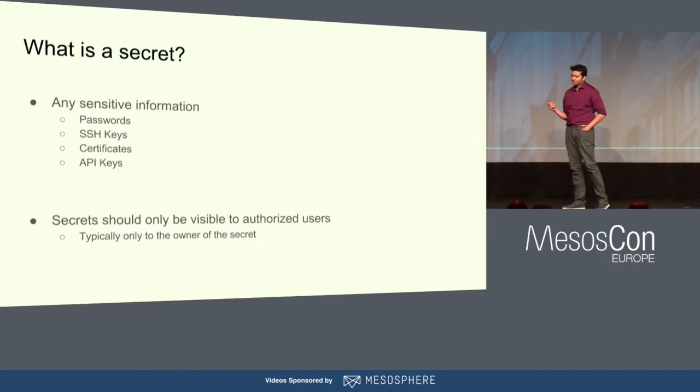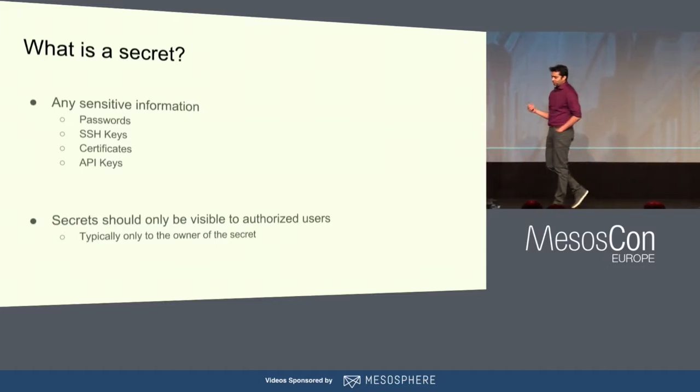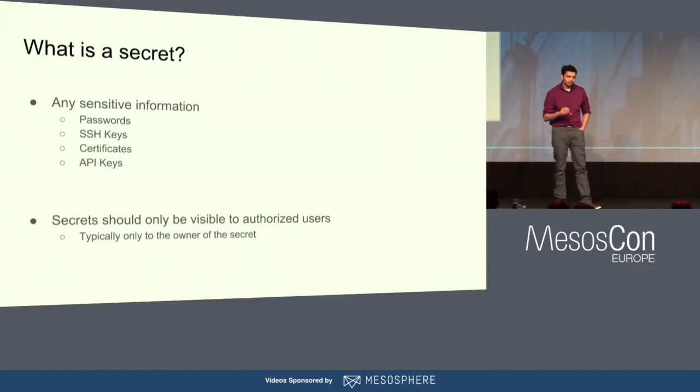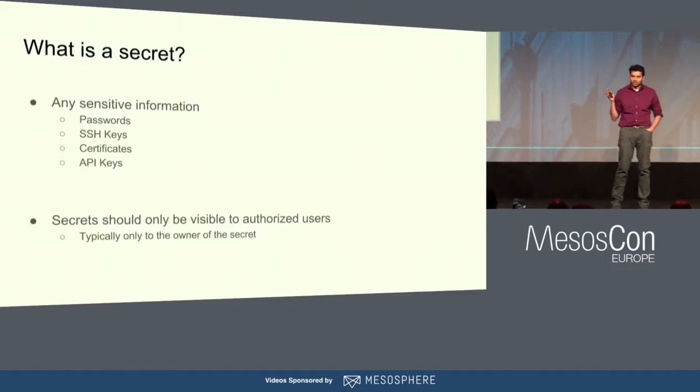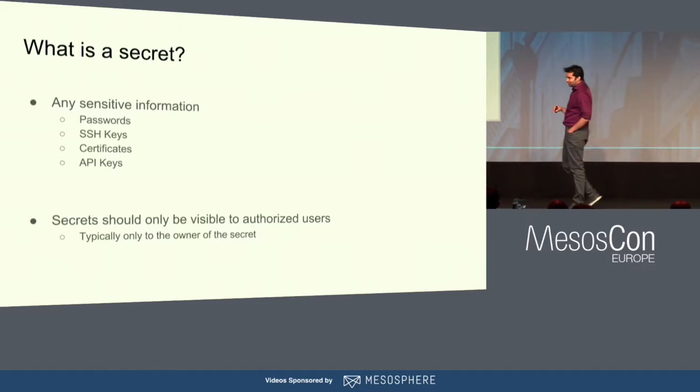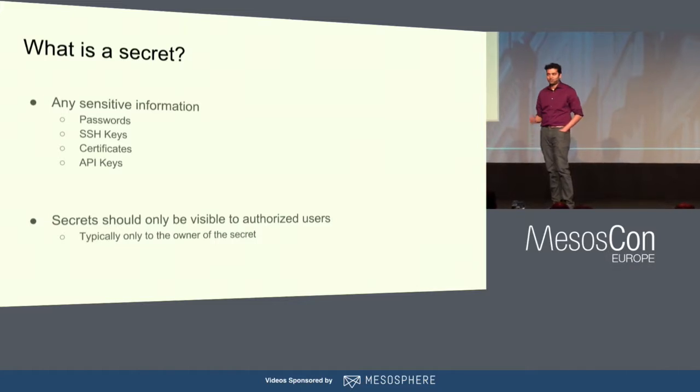And the most important thing about a secret is that it should only be visible to authorized users, which typically means the owner of the secret. The one who created the secret should be the only one able to view it. Anyone else in the system should not be able to access it unless they have some special elevated permissions.